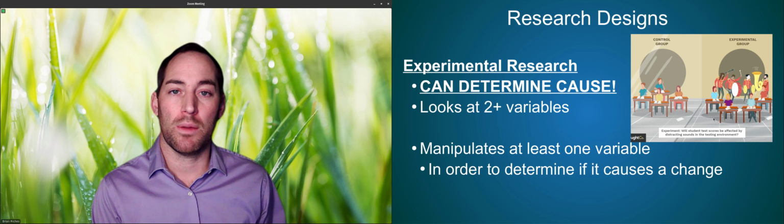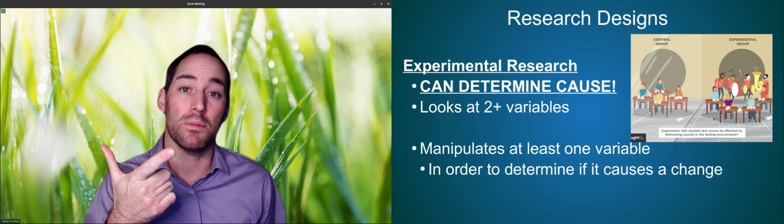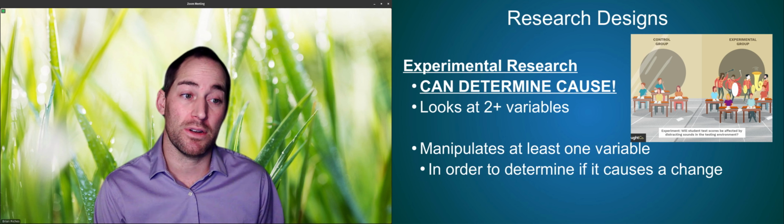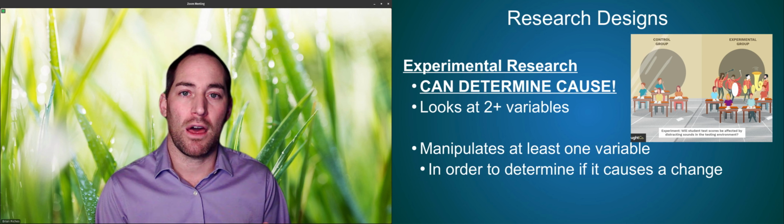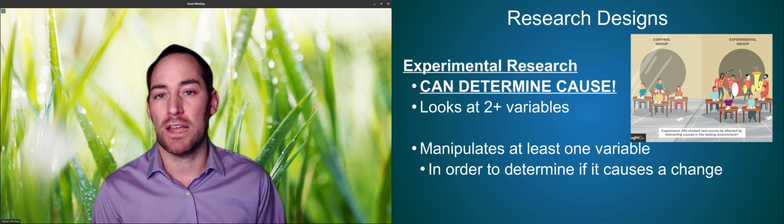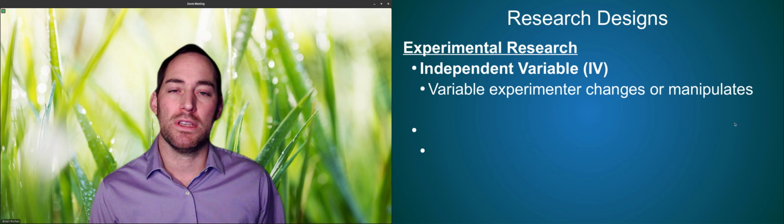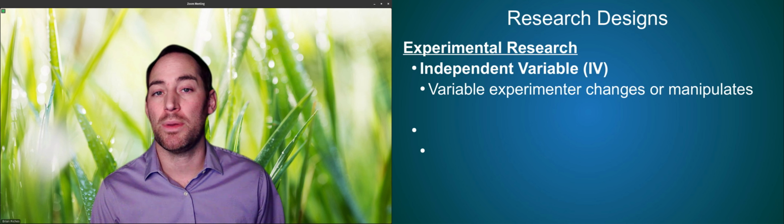So our two variables are loudness, so one is not loud and one is loud, and then the other variable is test score. If there's a difference, we can be pretty sure that the loudness of the room caused that change, right? So an independent variable is the one that we manipulate. In our example of the room, we are manipulating the loudness.